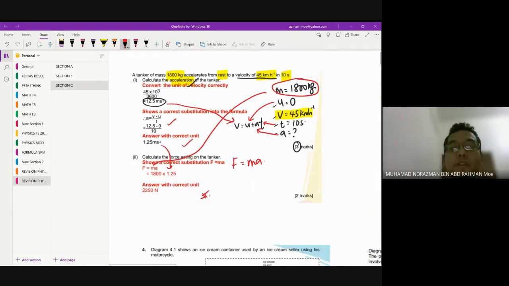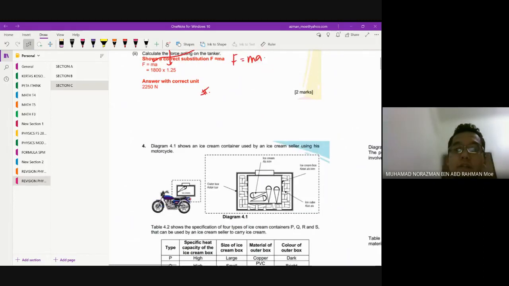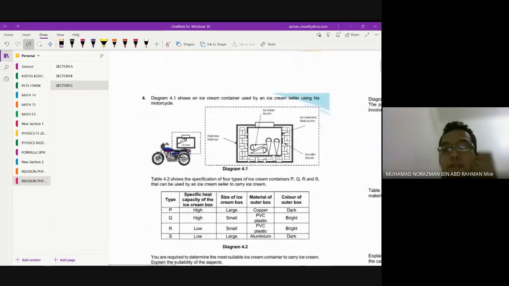Usually for calculation questions, first step, list down all the information given, identify which concept, identify the formula, substitute the information, and then you can find the final answer.